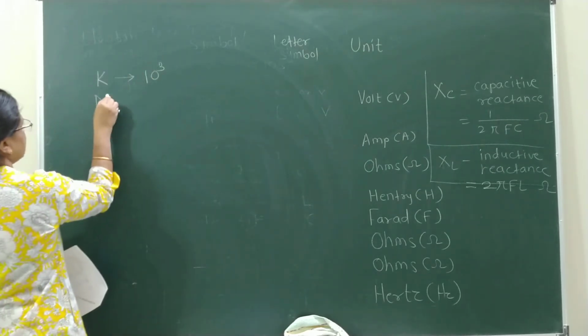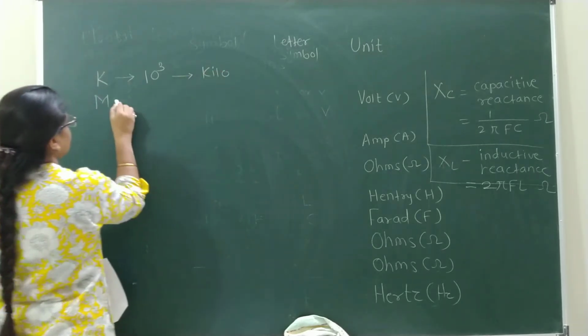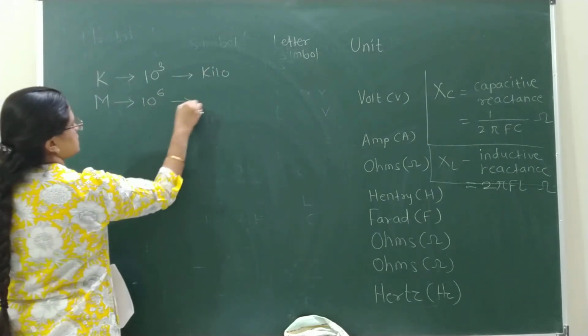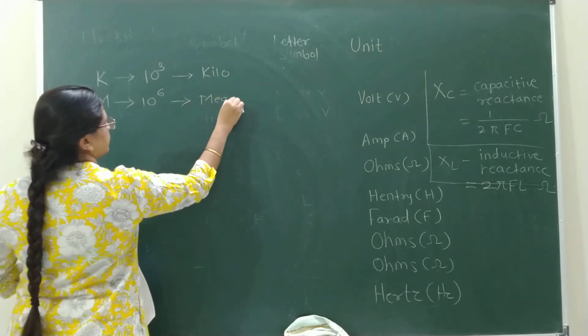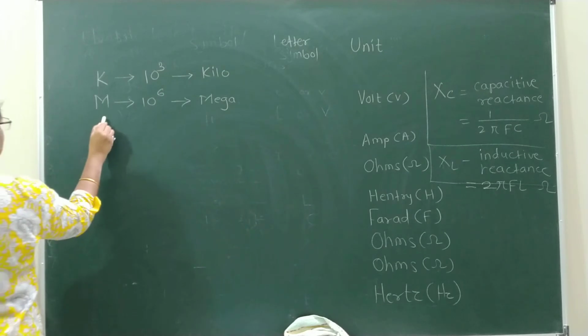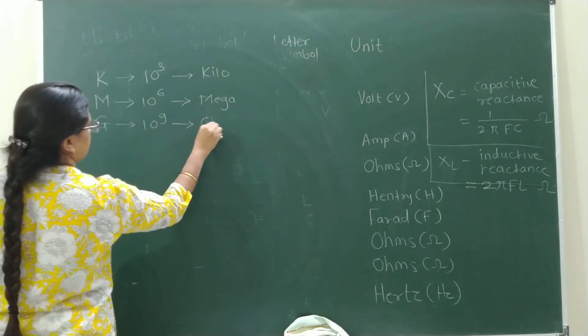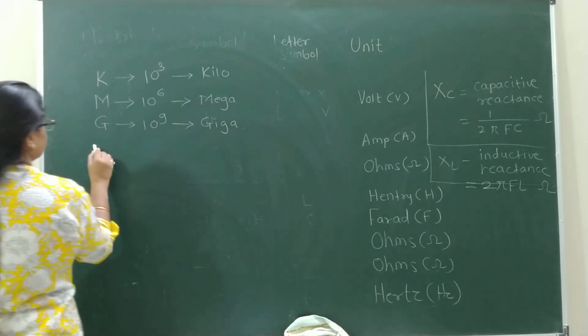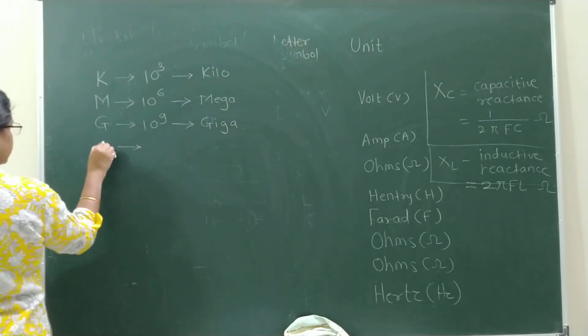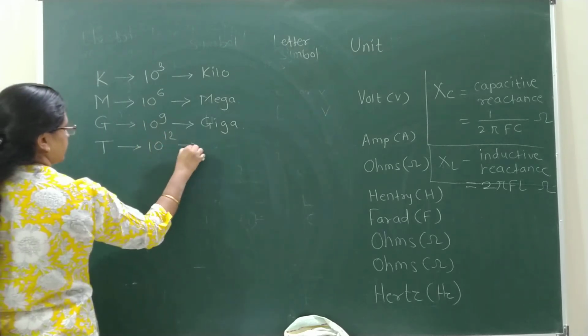Next, capital letter M shows mega, that is 10 raised to 6, as in mega ohm. Then the higher unit giga, 10 raised to 9, and the highest unit is tera, that is 10 raised to plus 12.